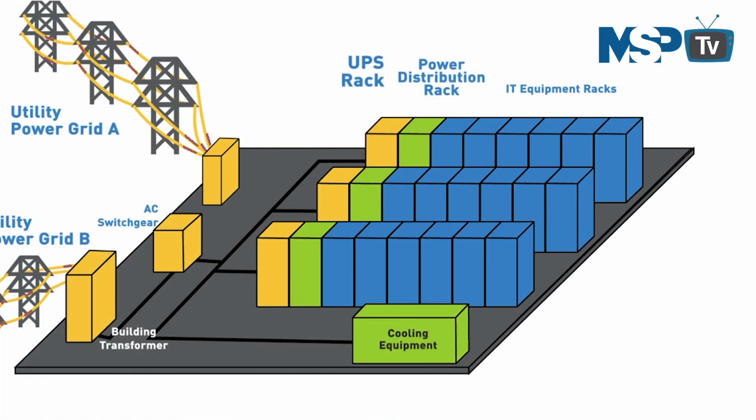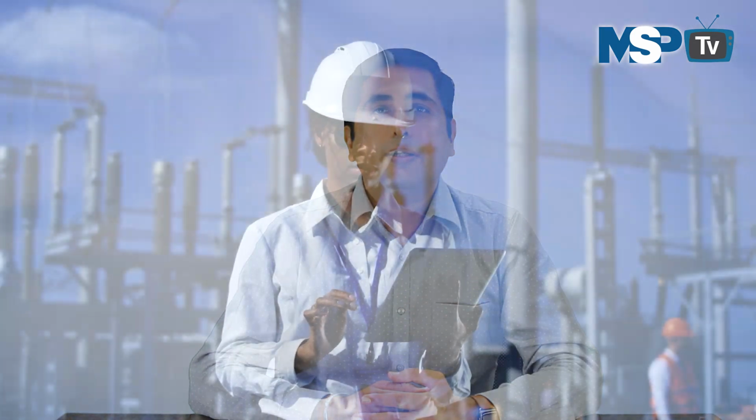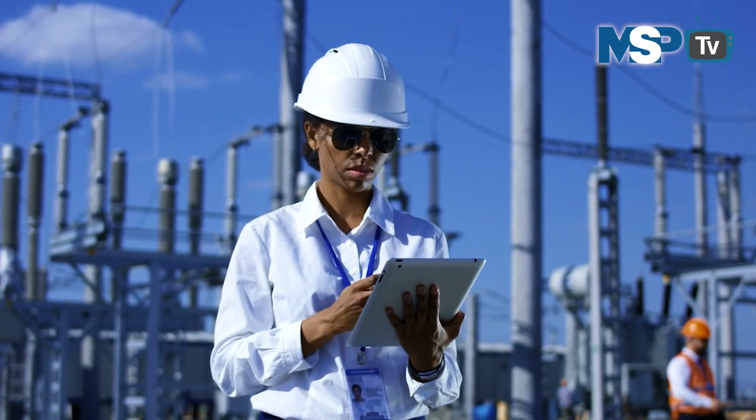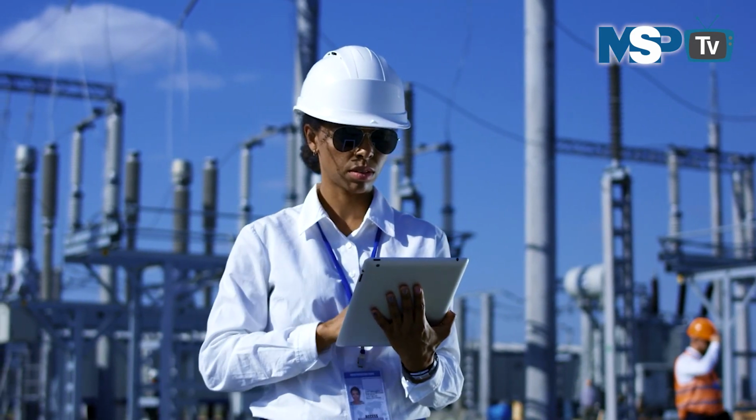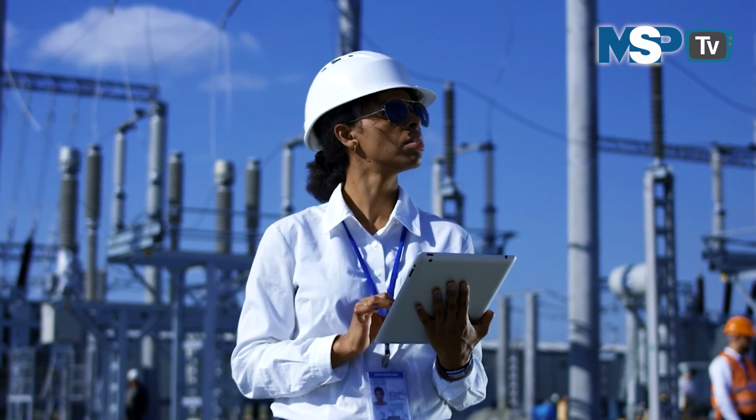It includes transformers, switches, circuit breakers, and other devices that are used for distributing electrical power to different areas of the data center. An ideal power distribution system is one which has remote monitoring software that can monitor and control the flow of electricity from one area of the data center to another. This helps to ensure the power is distributed smoothly without any disruption in service or damage to critical equipment.